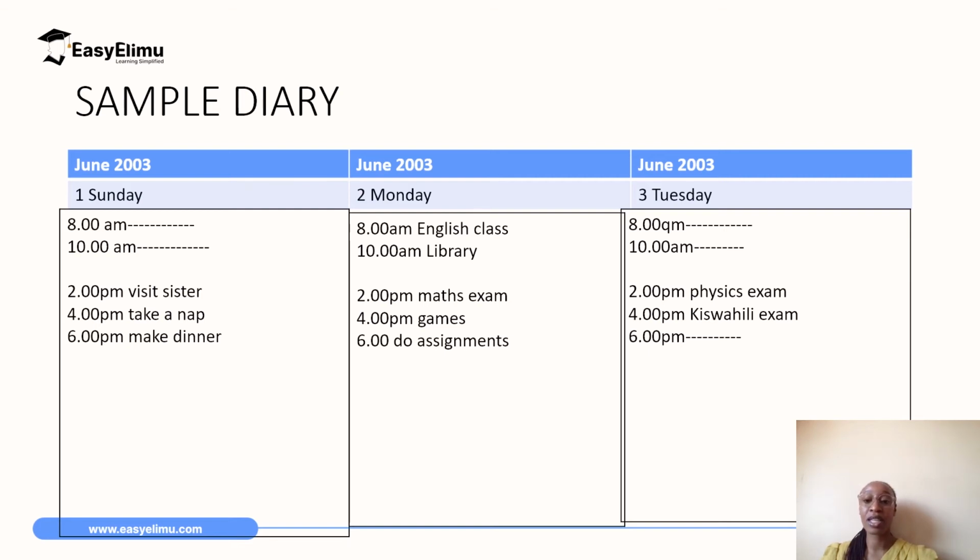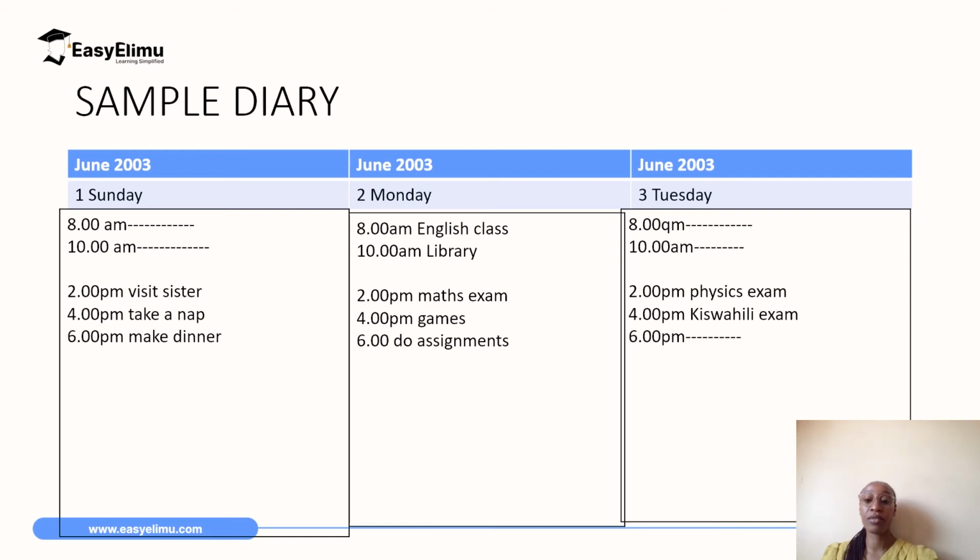And lastly, 3rd June 2003, which was on a Tuesday, 8 a.m. blank and 10 a.m. also blank, which means that this person did not have anything to do at those particular hours, or rather they did not record anything that they needed to do at those particular hours.